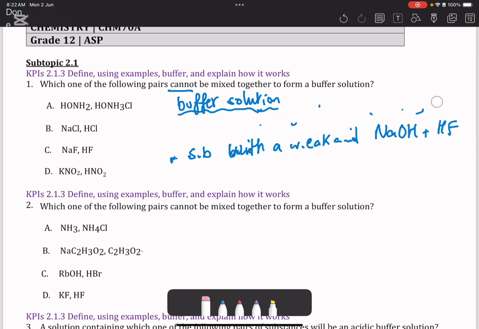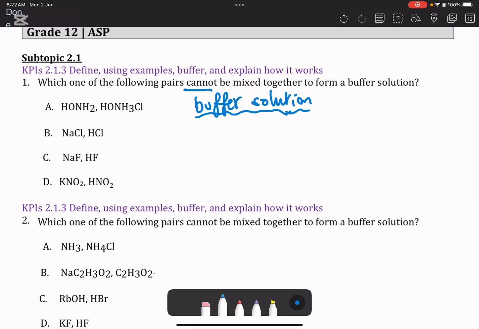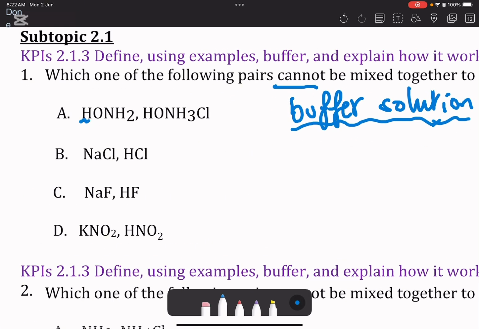Now let's look at the options given to us in order to select the two pairs that cannot make a buffer. So here we go, HONH2 and HONH3Cl. In this one, I have a base and its conjugate acid.